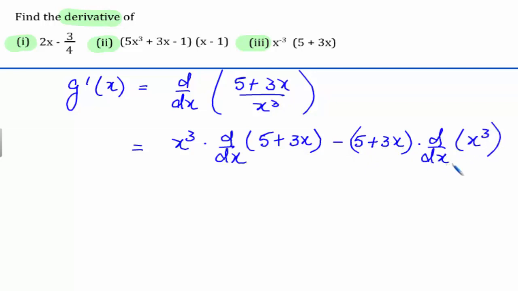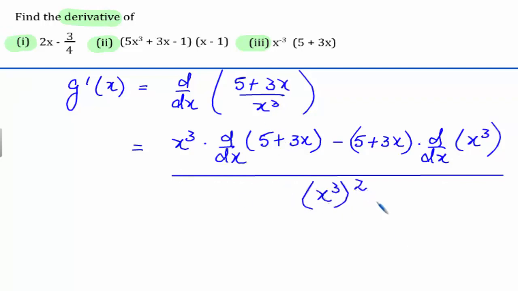(x^3) whole square. Now this is further equal to x^3 into the derivative of this function with respect to x, which is 0 + 3, since we know that the derivative of the sum of two functions is the sum of the derivatives of the functions.